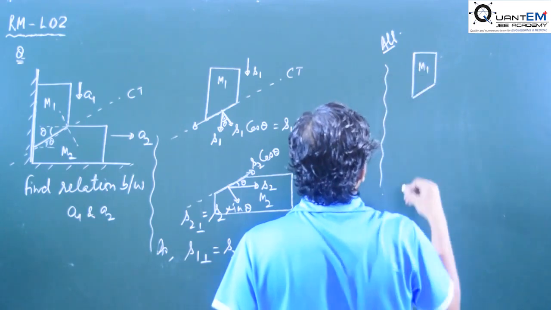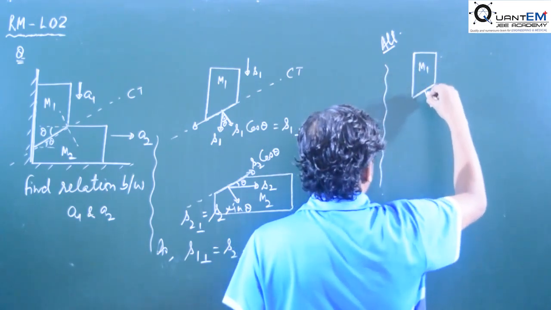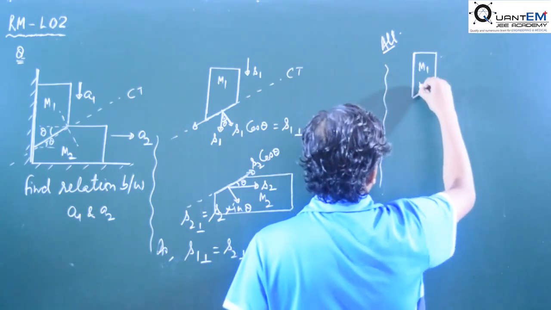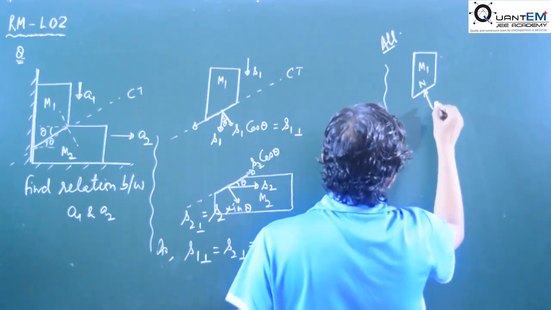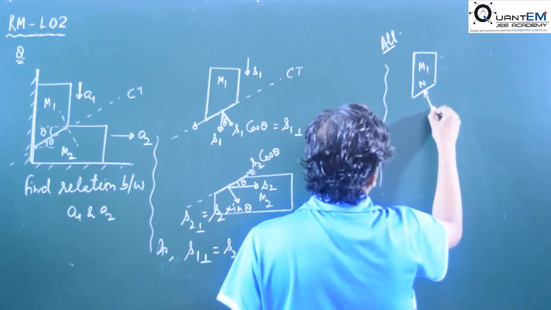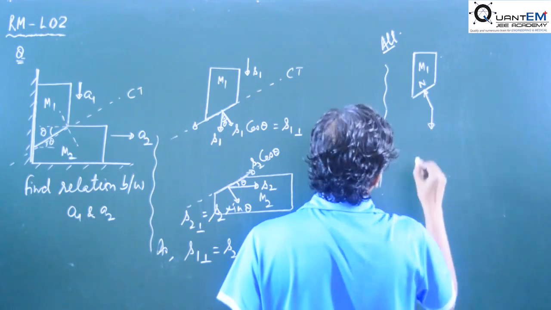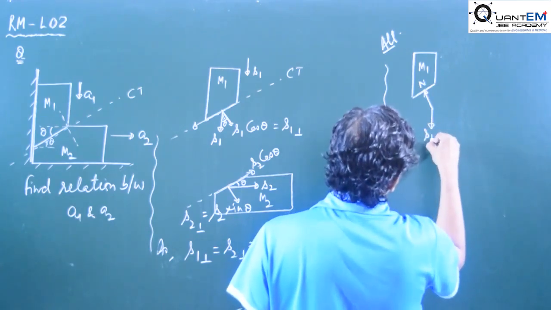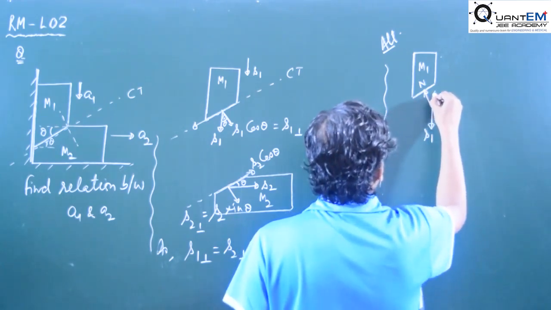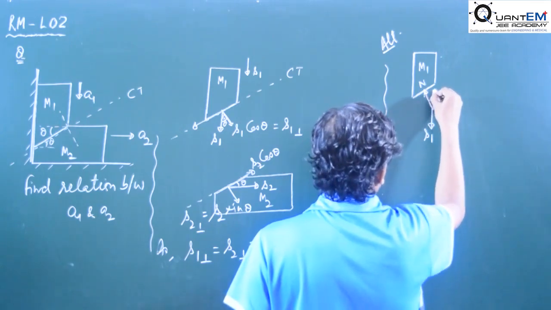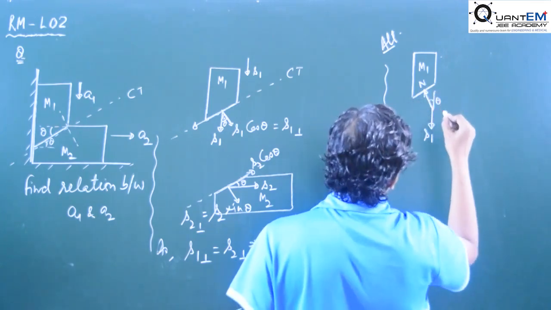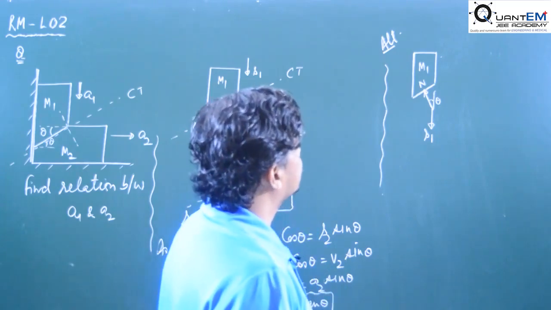This mass we have is m1. The normal reaction perpendicular to the common tangent is N, and this is the displacement. This angle we have is theta. So what is the work done here?